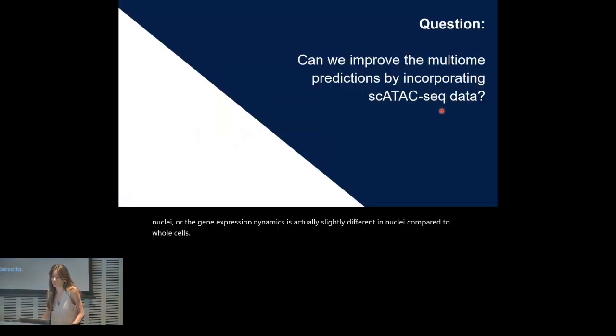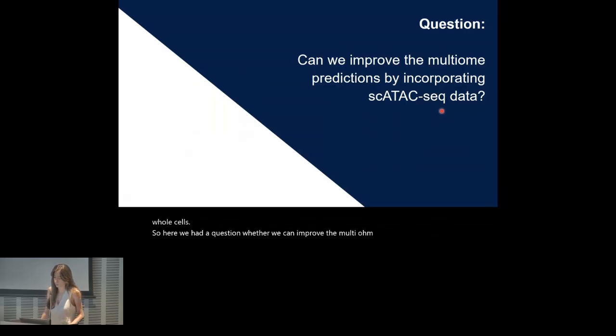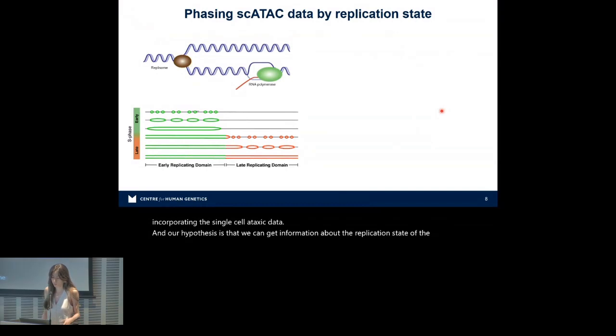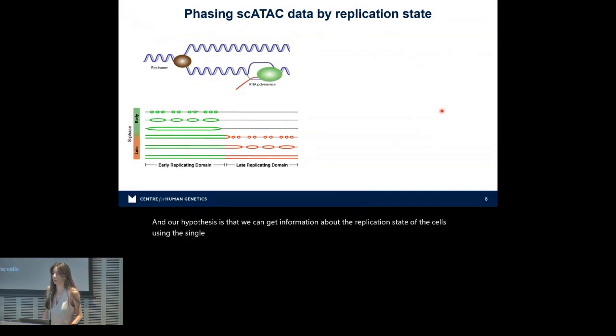So here we had a question whether we can improve the multiome predictions by incorporating the single-cell ATAC-seq data. And our hypothesis is that we can get information about the replication state of the cells using the single-cell ATAC-seq data because, as we learned in this room already, there are specific regions, domains of the genome that replicate earlier and some regions that replicate later.